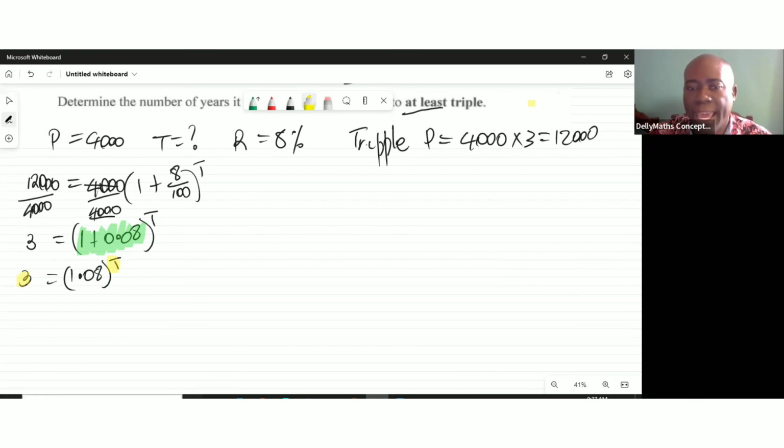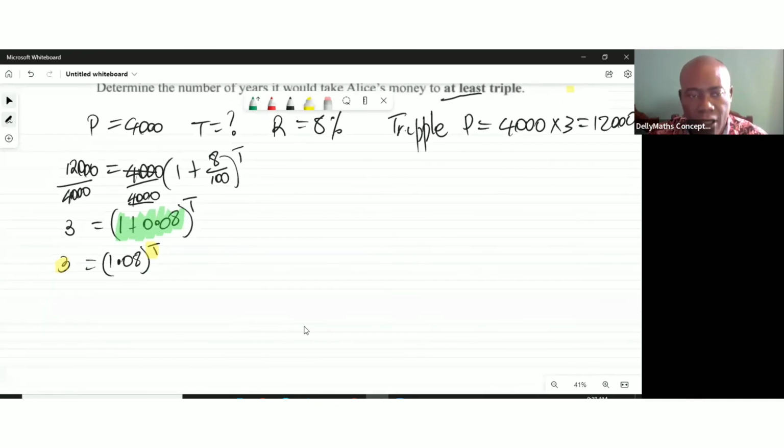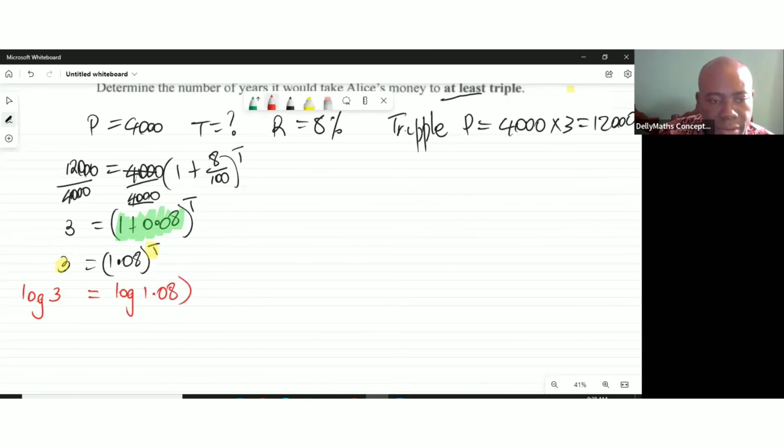Whenever exponents fail or we are unable to proceed, then we can log both sides and go. So a log of 3 is equal to the log of 1.08 raised to the t. Applying the logarithm rules, when you have the power here, it automatically becomes a coefficient of the log.